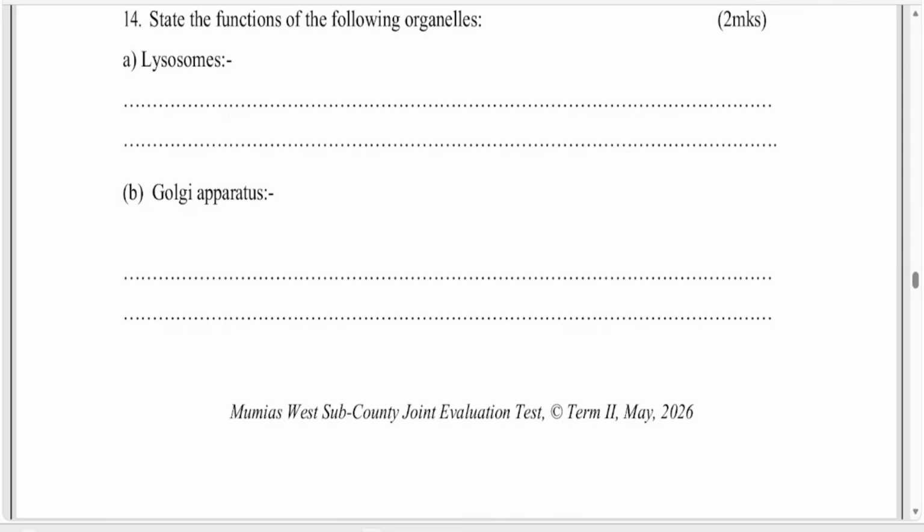The main function of lysosomes is that they contain lytic enzymes that destroy worn out organelles, cells, or tissues, or the entire cell.